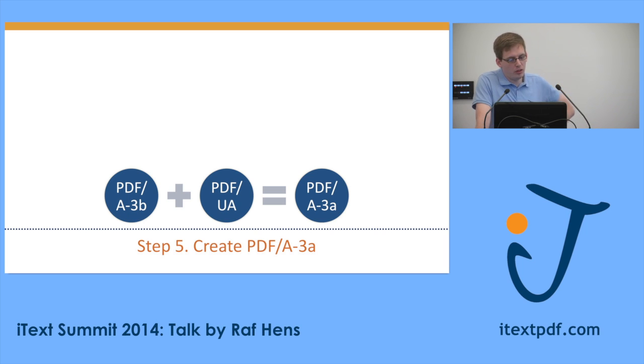But in general, going to the accessible conformance level for PDF/A-3, we have to add some more accessibility features. So we're using our PDF/UA implementation on top of PDF/A-3 basic level to add this accessibility.